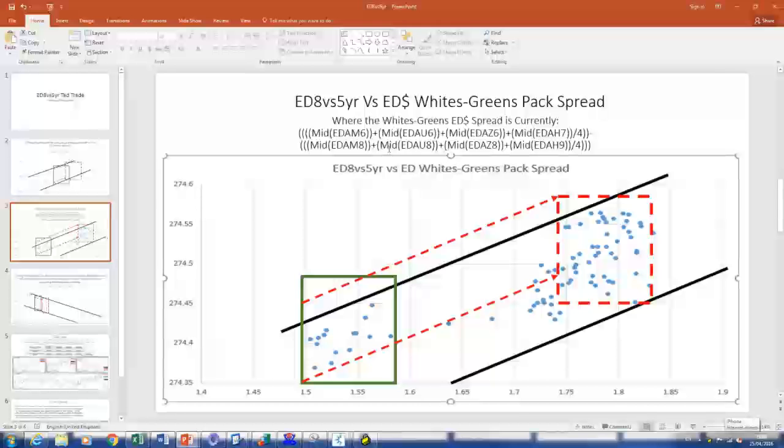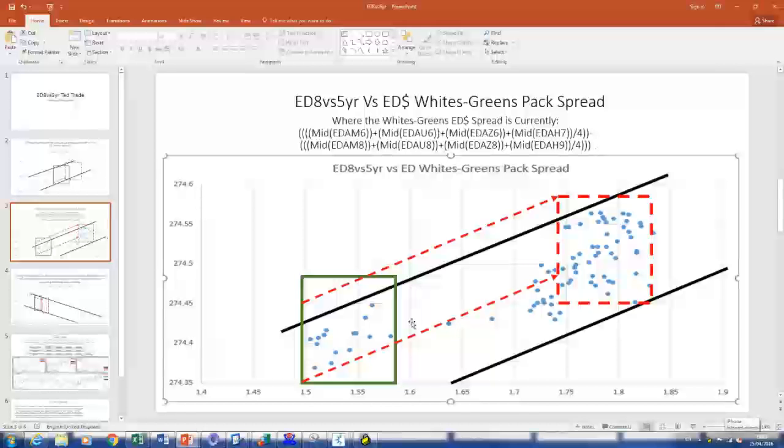The whites greens pack spread is essentially the white pack, as you can see here, M6, U6, Z6, H7, i.e. the front 4 outright contracts, divided by 4, minus the greens, so the June 8, June 9, Dec 8, March 9, divided by 4. So this is a big long calendar spread, a big part of the curve, from your front contracts to the greens. So basically like a 2-year part of the curve, right?